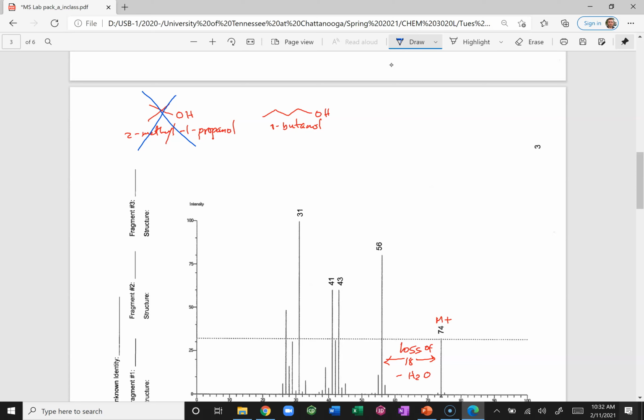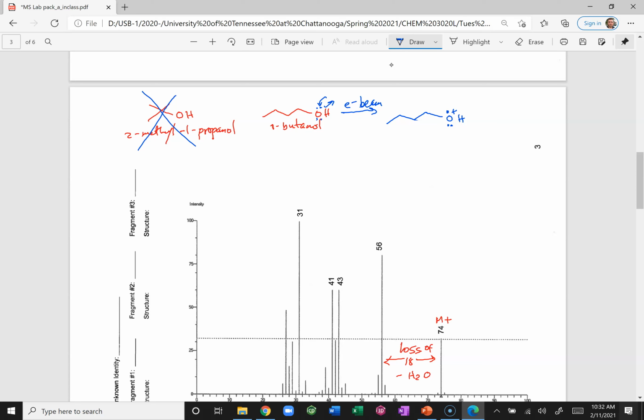So the first thing I'm gonna do, I'm gonna take butanol, and I'm gonna apply an electron beam, and I'm gonna knock one of these electrons out. I'm gonna knock that one out, and so I'm ending up with a plus here and a radical and a lone pair.